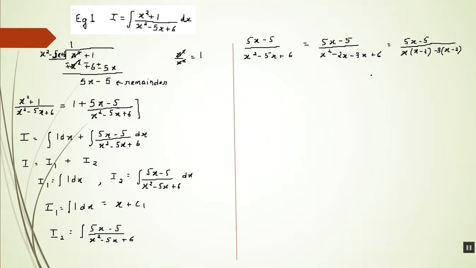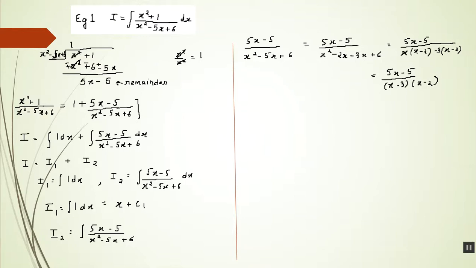So this will be equal to (5x minus 5) divided by (x minus 3) into (x minus 2). Right.